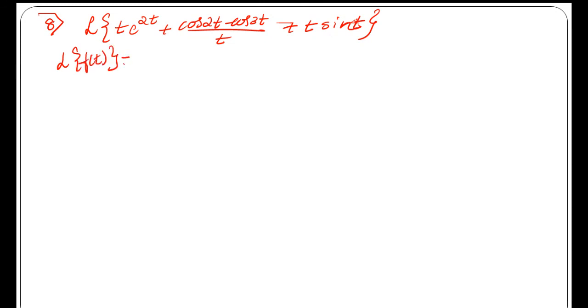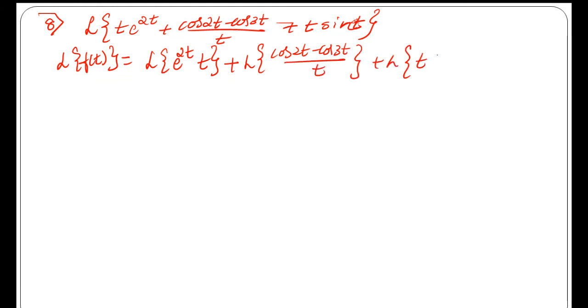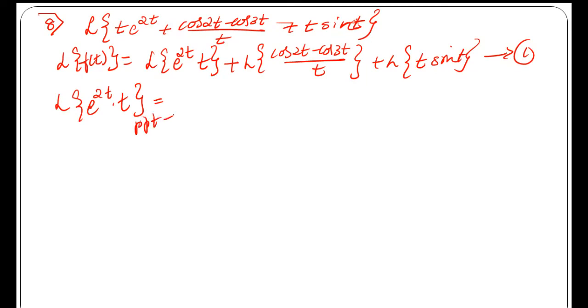So the Laplace transform of the given f of t has 3 terms. I will write t e^(2t) first, where we apply property number 1 instead of property number 2, plus the Laplace transform of (cos 2t minus cos 3t) divided by t, plus the Laplace transform of t sin t. Start with the first term, e^(2t) into t.